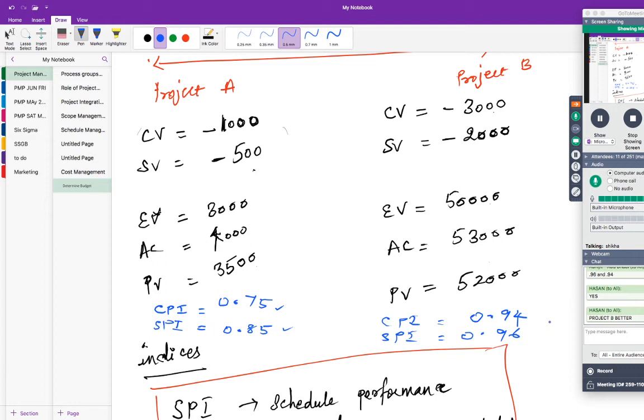If you put $1 of work, then you are getting at least 0.94 as a return. But here you are only getting 0.75 and 0.85 respectively for cost and schedule, right? So looking at the index only, you can say which is doing better. But looking at this value, you cannot say. You get that? When it comes to comparison, are we okay till this?